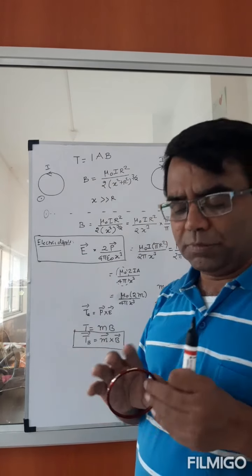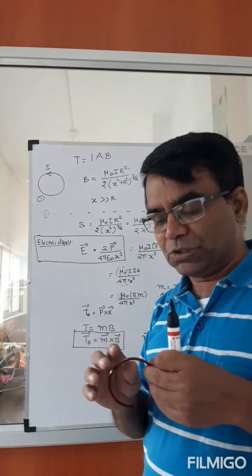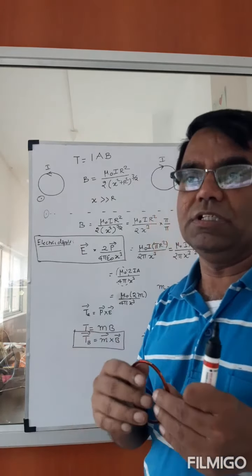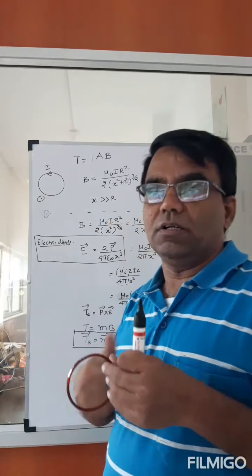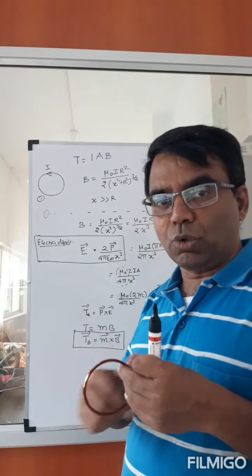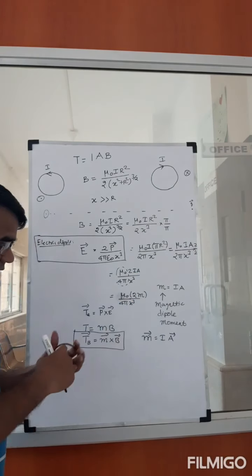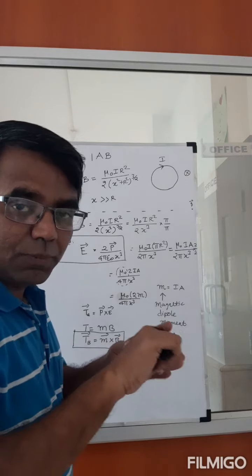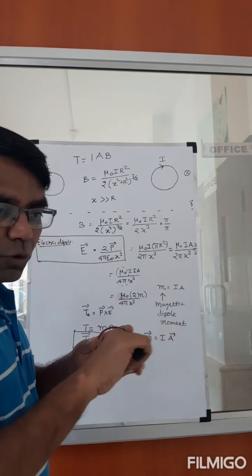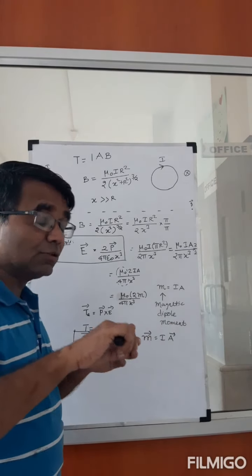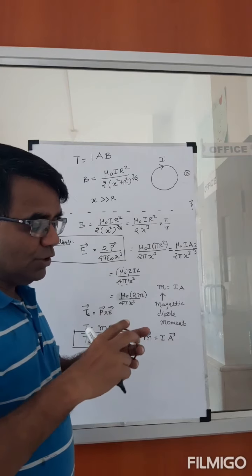one loop. But suppose you have multiple loops wound very close to each other, suppose you have N turns of the coil wound very close together, then each circle will be contributing to the field in the same way.